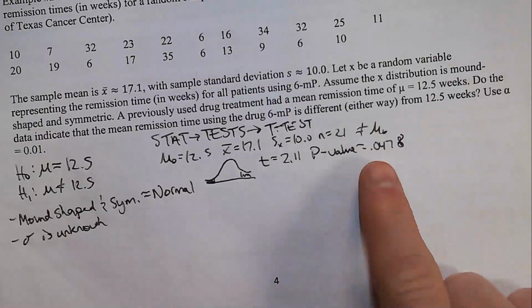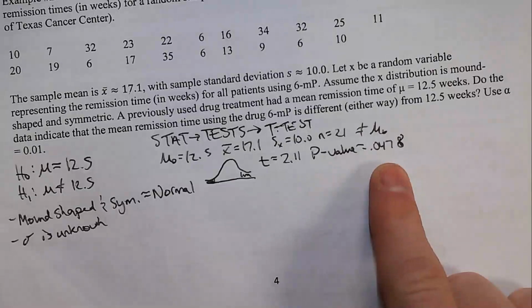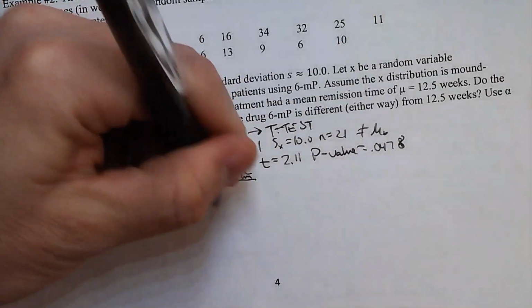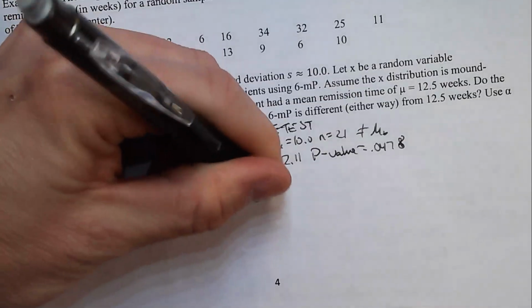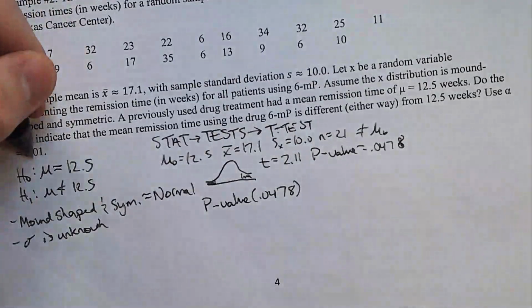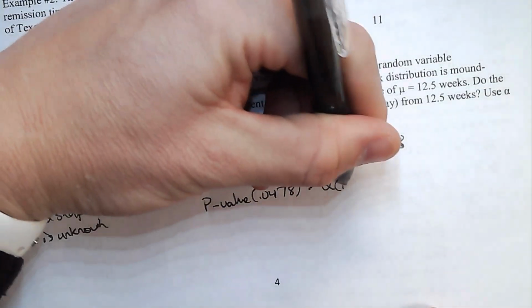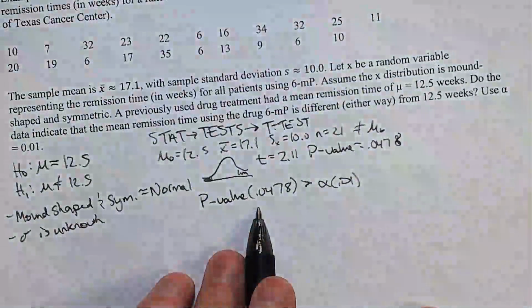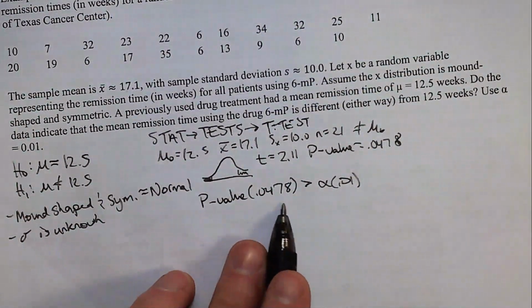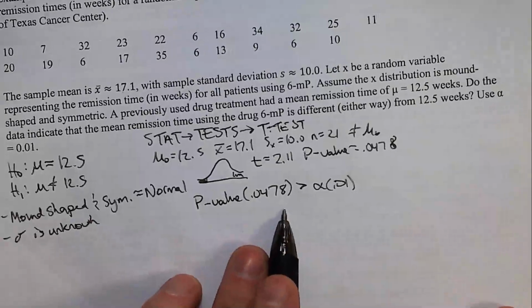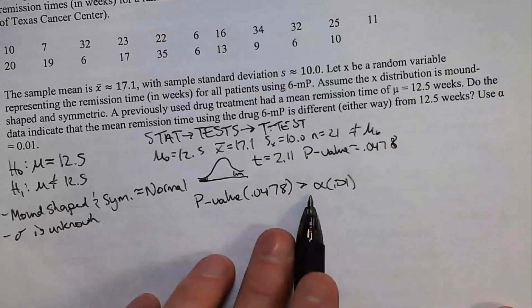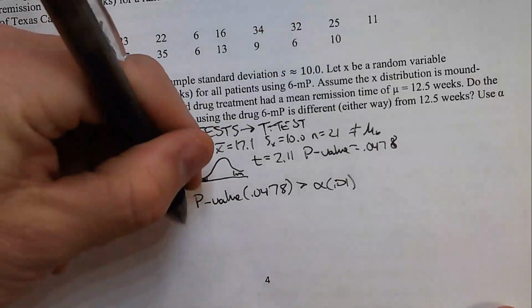Now we're ready to make our conclusion. How does the p-value compare to alpha? Is it greater than 0.01 or less than 0.01? Greater than, right? When p is low, reject the Ho. Now, is p lower than alpha? No, so we fail to reject Ho once again.